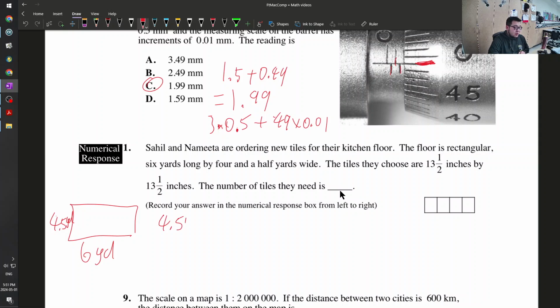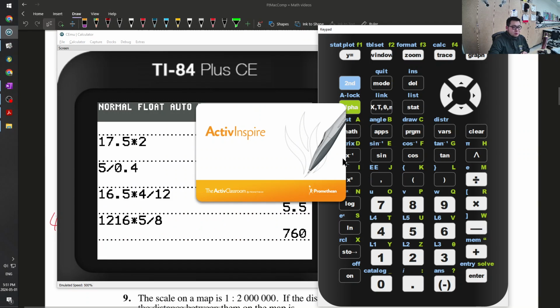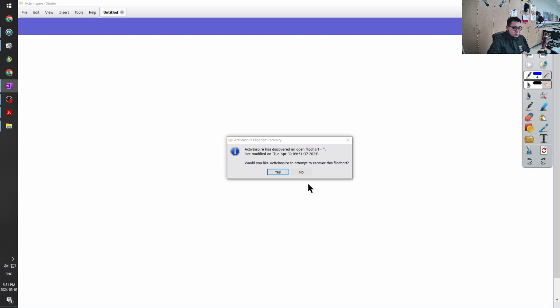So 4.5 yards times 36 inches per yard. Where's my calculator? 4.5 times 36 is 162 inches.